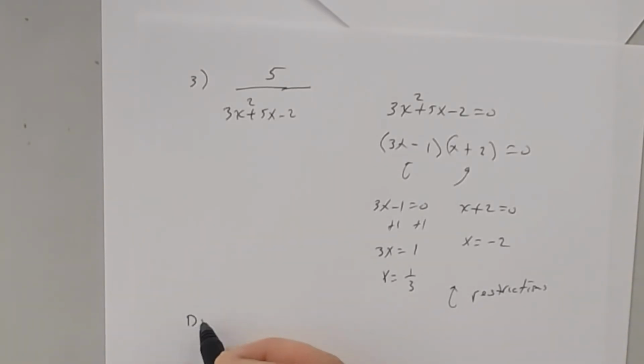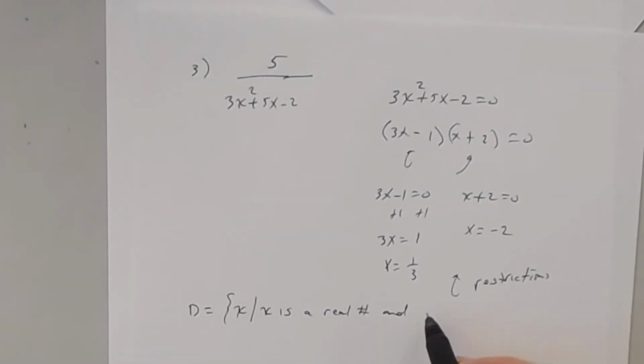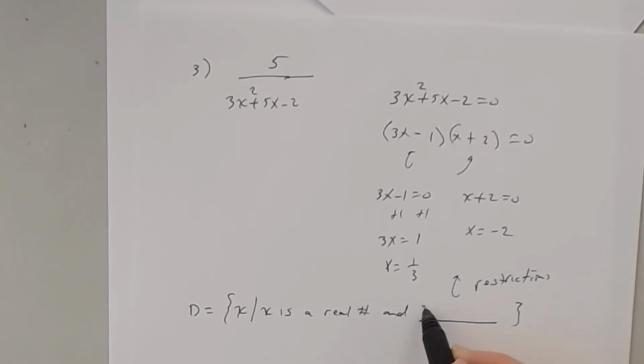Now, the domain, if they ask you to write it in set notation, do you have to use set notation? So you'd say the domain would be the set of x's such that x is a real number, and then remember, my math lab is going to have those words and have a blank. What's going to go in that blank? x cannot equal, and it will have x cannot equal already for you.